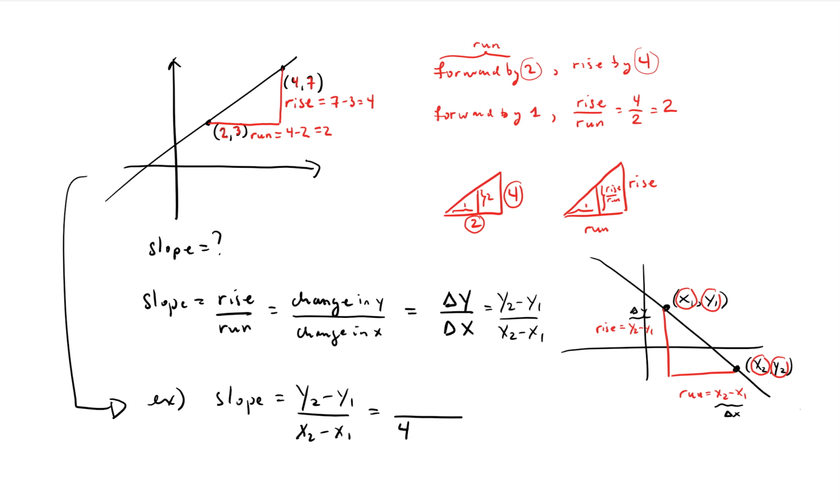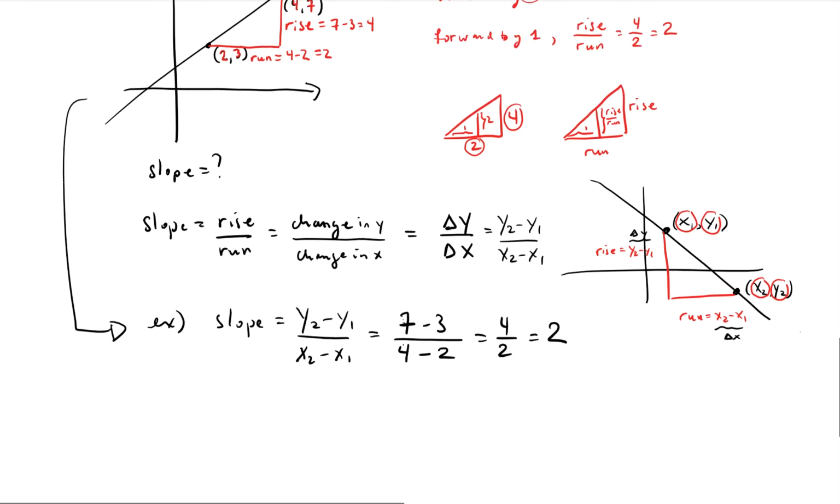What's our x value? It's x minus 2. And then you have to match here, this y here has to match that 4. So the 4 here goes with the 7. So this has to be 7. You can't use 3. So 7 minus 3. So we get 4 divided by 2. We get 2 as expected. So this is what our slope is.